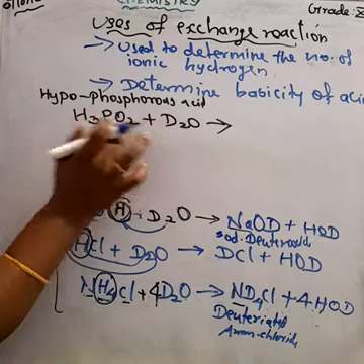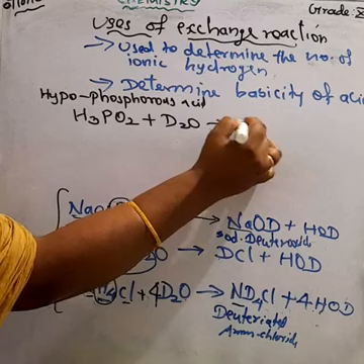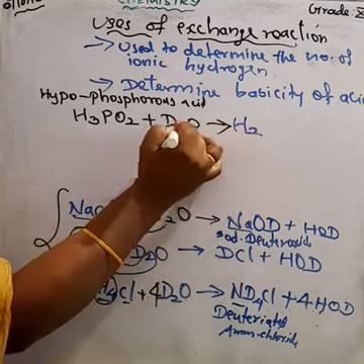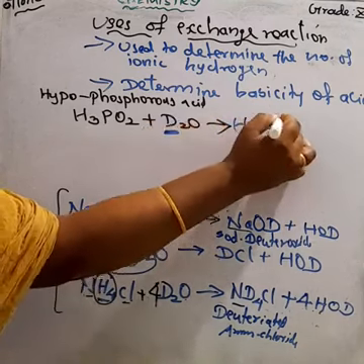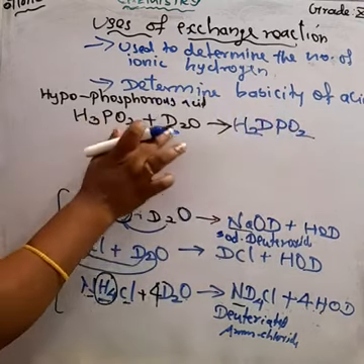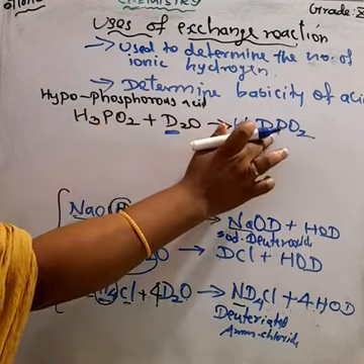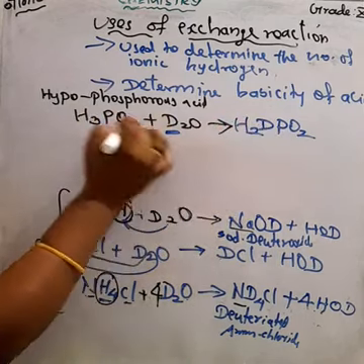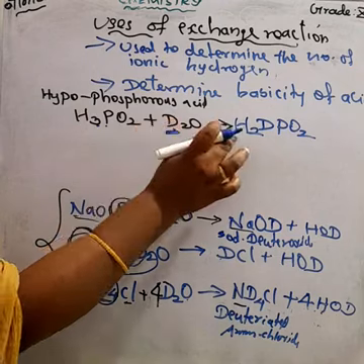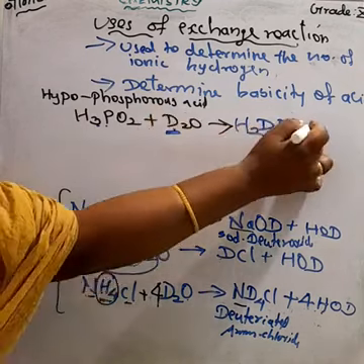Understood? So here, what is the product we get? H2DPO2. Only one hydrogen is replaced by the deuterium, H2D. So we have deuterium here in H2DPO2.